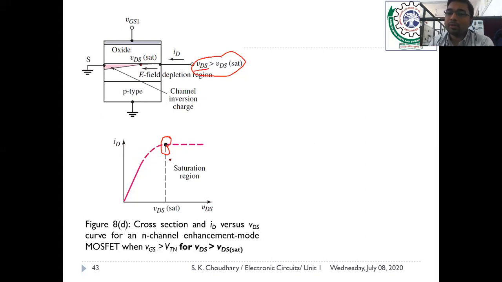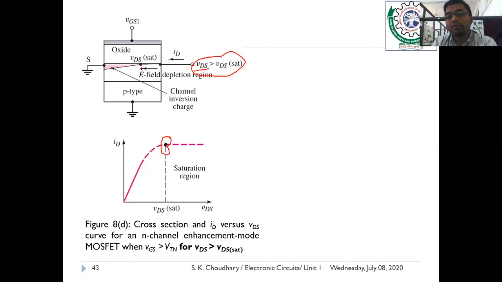So how is it possible? We have seen in the previous slide already. As the channel would end much before the drain ends, there is an electric field applied because there is a positive drain to source voltage.